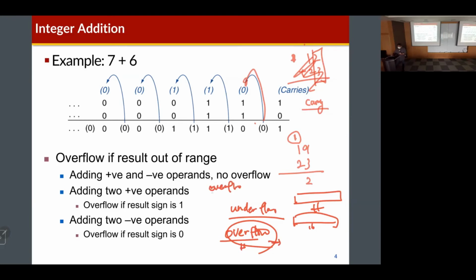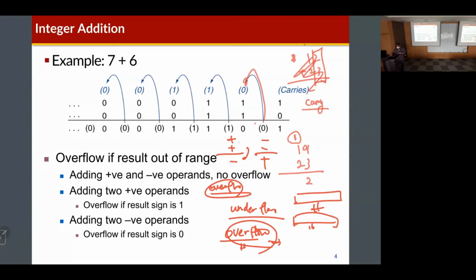The detection of overflow is simple. If we perform positive number plus positive number, but a negative number is generated, then it's an incorrect result. The other case is the same: negative number plus negative number may generate a positive number, and this result is incorrect.